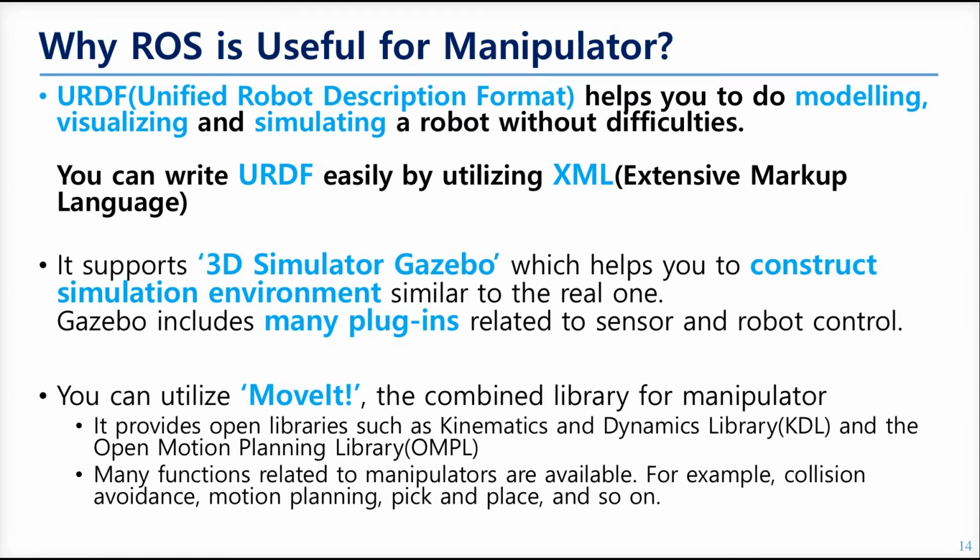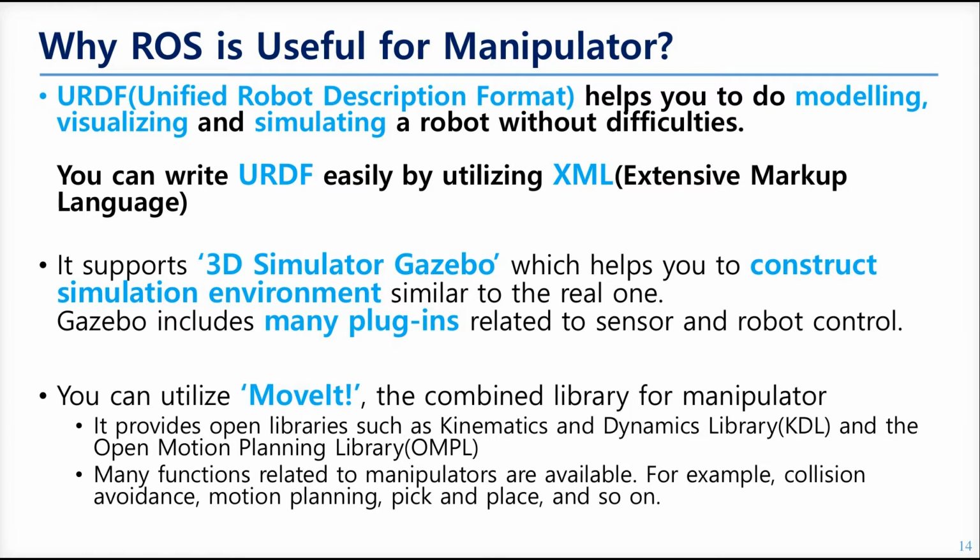ROS supports model visualization via URDF, which is written in XML format. You can upload the shape and structure of what you made in RViz and Gazebo. And you can even control the model in Gazebo, since there are plugins that support message communication and connect Gazebo and ROS.